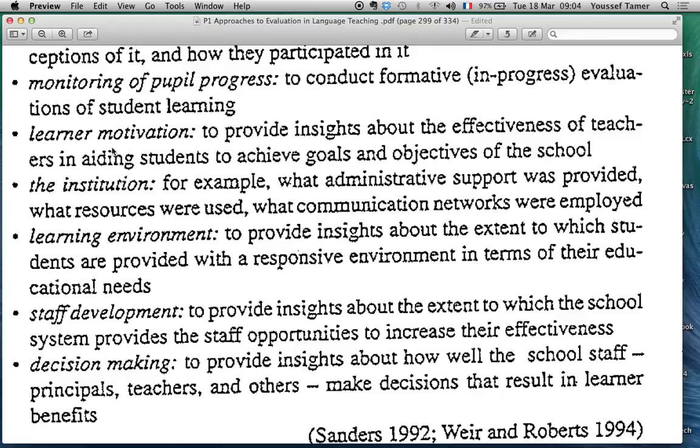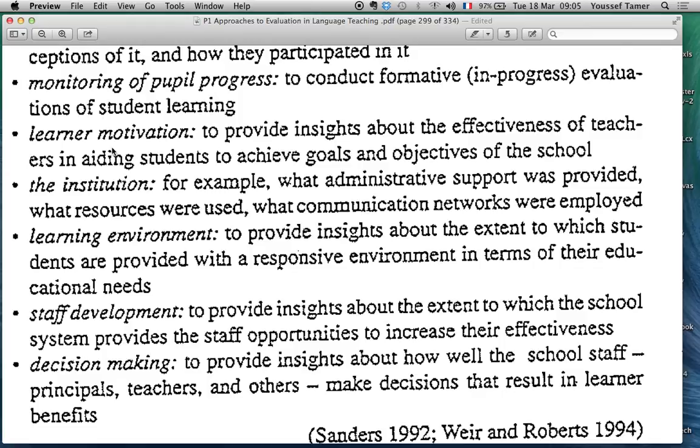The motivation, there are many levels in the motivation of the students. There is the context, the place itself, the setting, how it is shaped and how it is designed. Then there is the material you are using for teaching. And then there are the logistics you are using, the aids, the materials, blackboard, whiteboard.